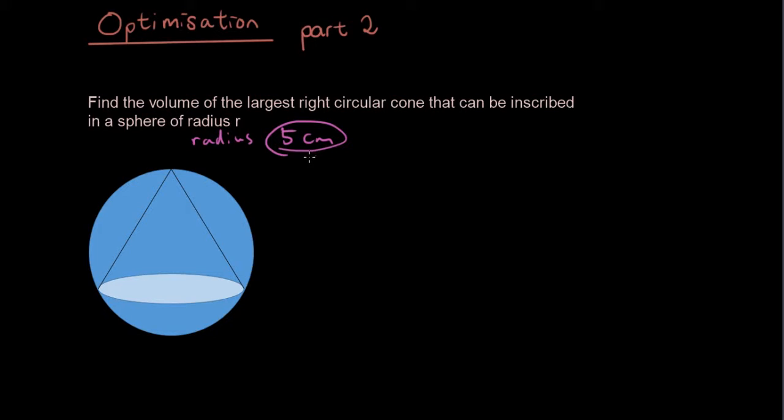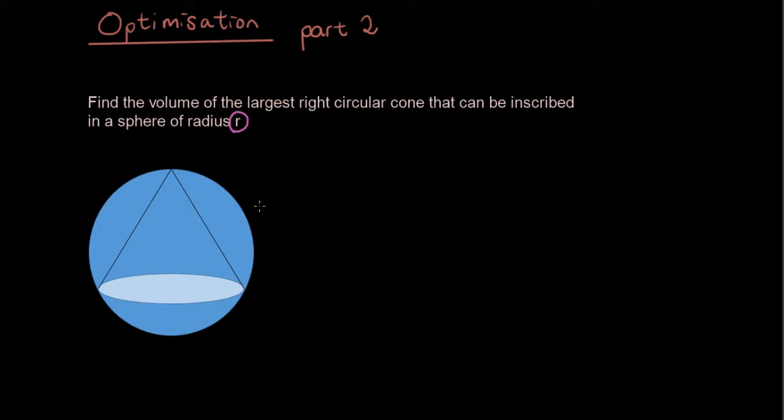But it hasn't given you a fixed number, which means that we don't know what the radius of the sphere is. But what you still need to realize is that it is still a constant.